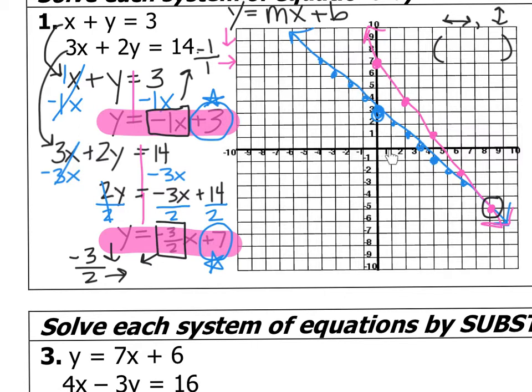It looks like I go over 1, 2, 3, 4, 5, 6, 7, 8, and then I go down 1, 2, 3, 4, 5. So I went to the right, which is positive 8, but then I went down, which is negative 5. My final answer for this is 8, negative 5.